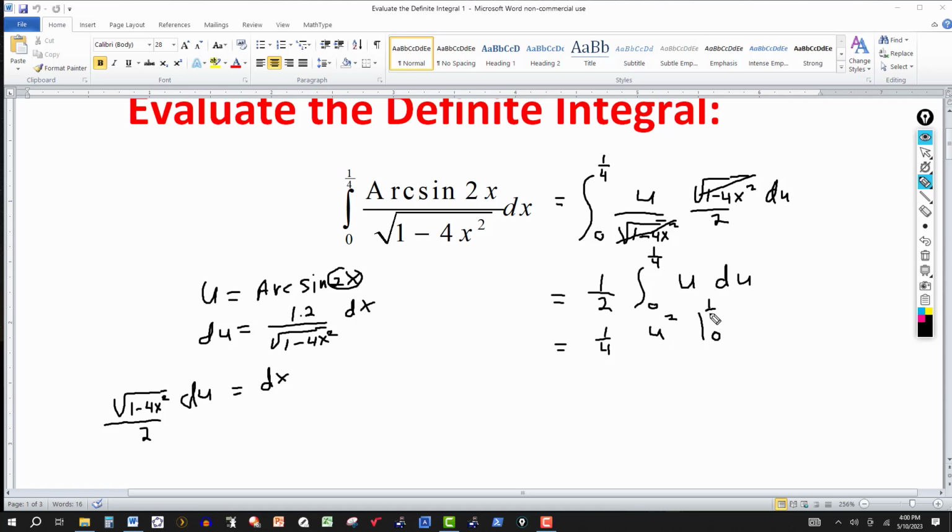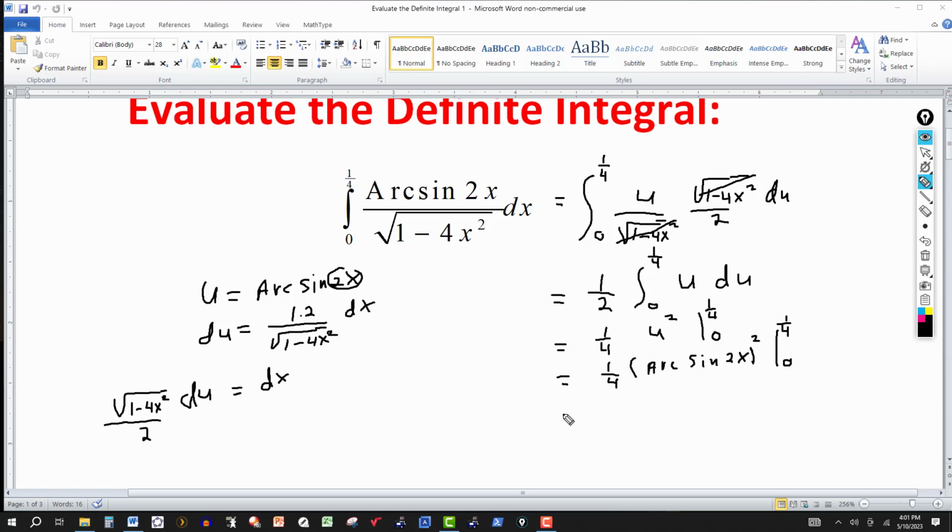Now I could change the limits here so everything is in u, but I'll just go ahead and convert back to the original variable x. So the u is arc sine of 2x, and this is squared, and the limits here would be from 0 to 1/4.